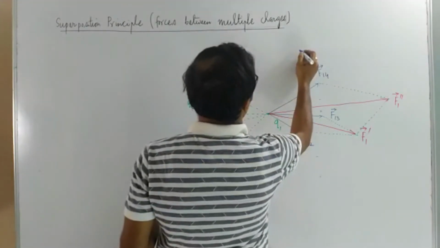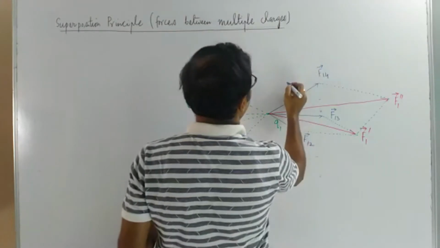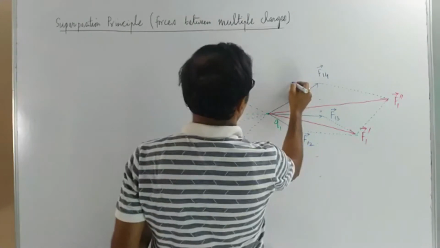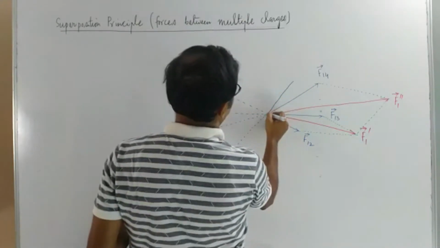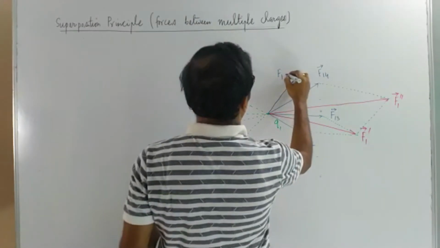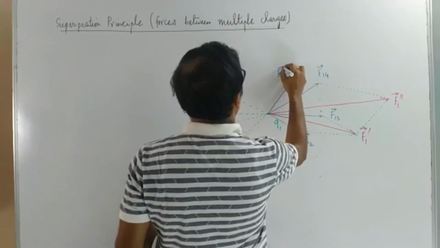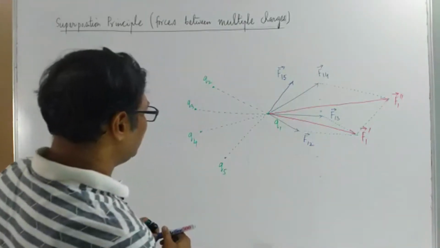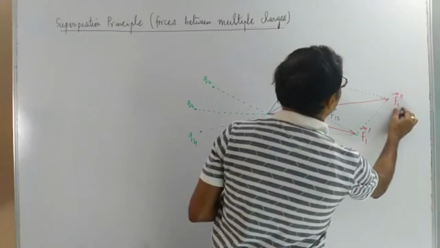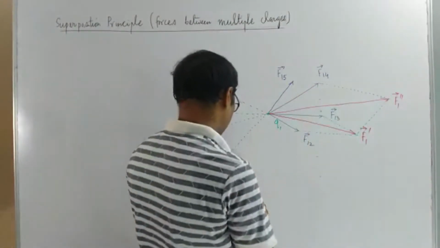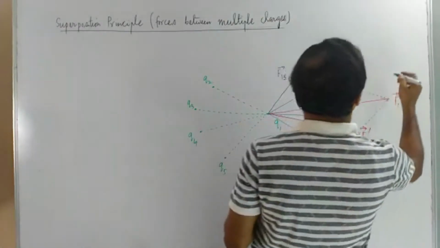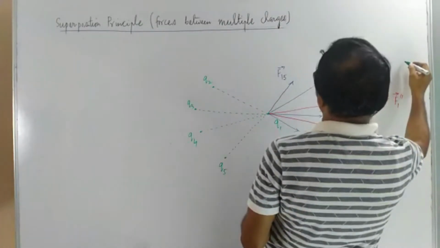This force may be like this. It is denoted by F15. So what I need to do? Now I need to consider the resultant between this and this. So I have to again apply law of parallelogram.